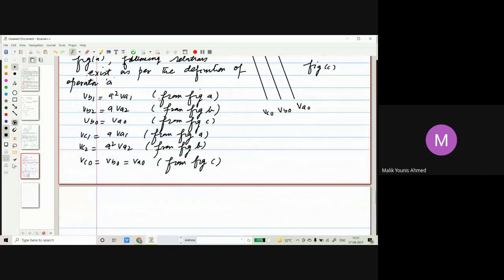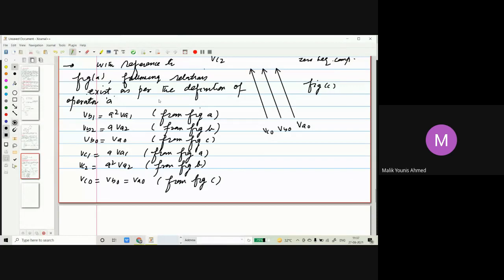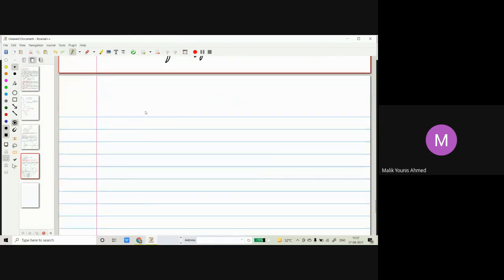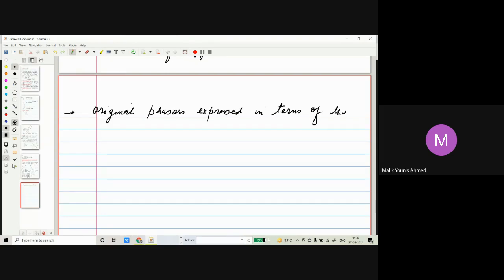So now let us call this whole set of equations equation set 1. Now, original phasors expressed in terms of their symmetrical components.